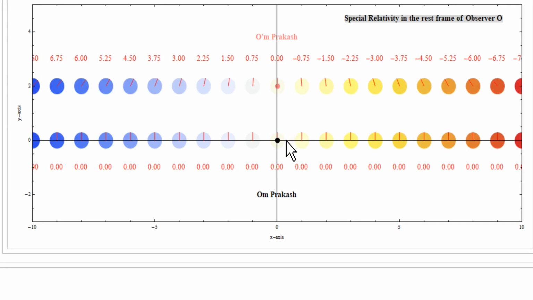Now, let's look at the phenomenon of length contraction. According to the ground observer, the friends on the train appear to be separated by a distance of 1 meter, which is the same as the separation of the ground observers.